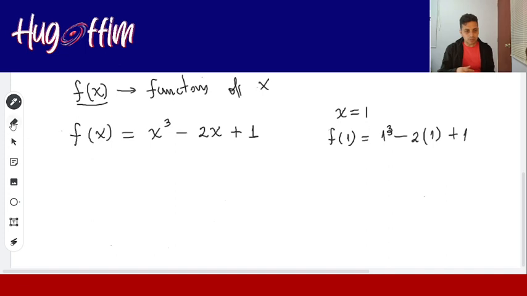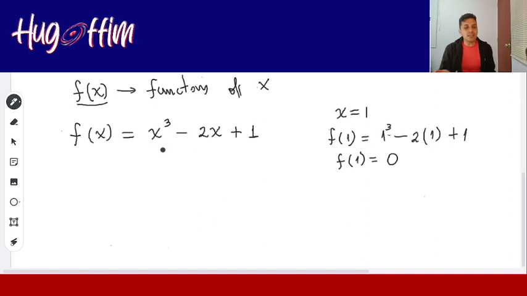Now I just need to operate. So 1 minus 2 is negative 1, plus 1 is 0. So observe that when x is 1, this function is going to lead you to 0.